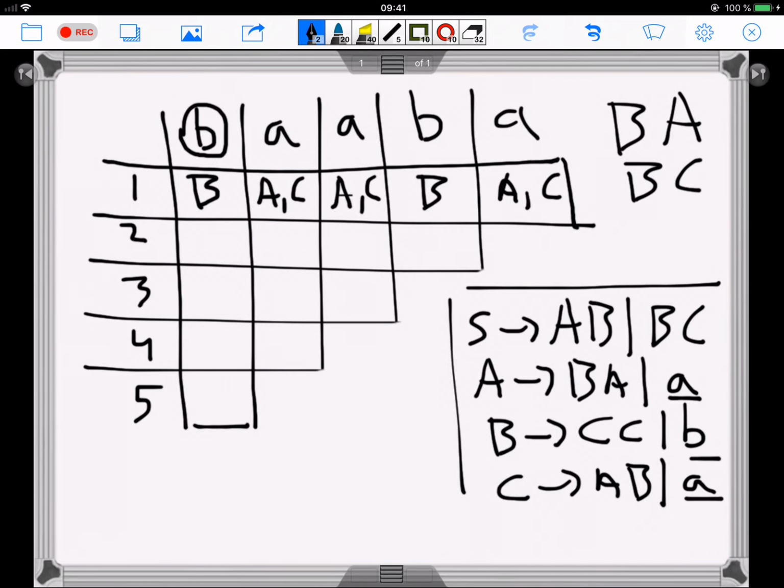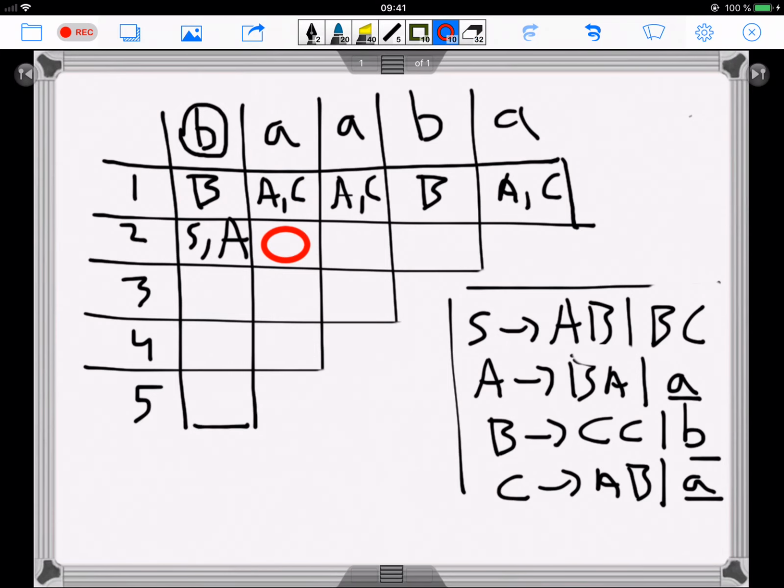So we have BC here, we have BA here, and those are the only possibilities, okay? So we need to write S and A here. Oh, sorry, I want to get rid of this. Okay, and that and that.